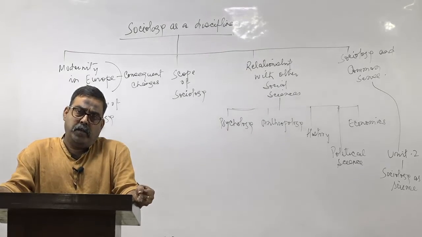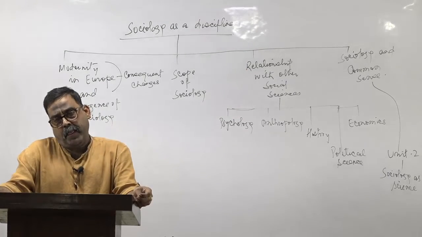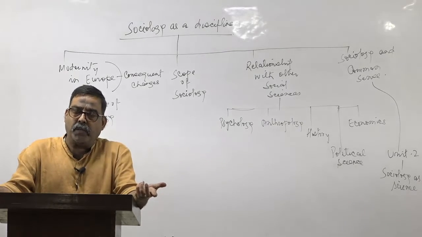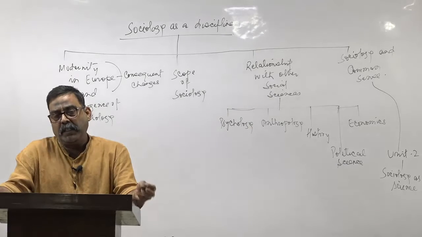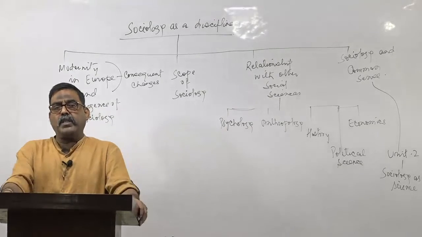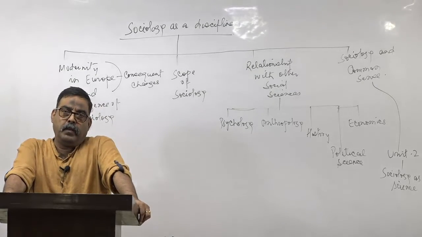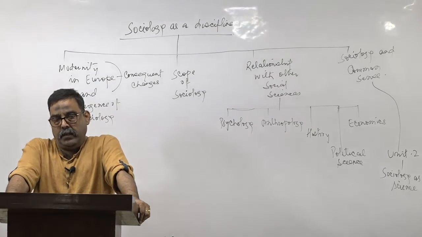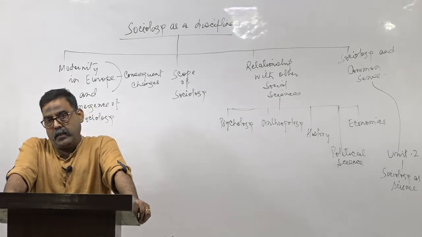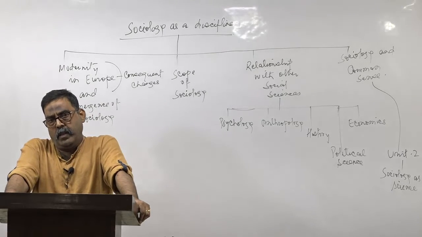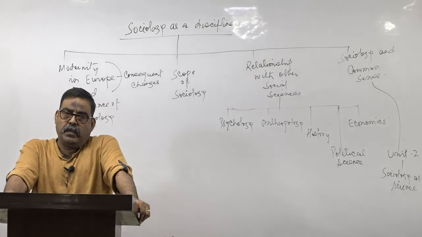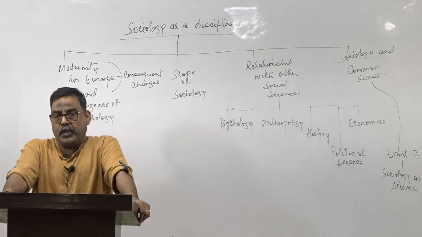Socius, society broadly, and logos, either you can pick up the meaning of science or study. Thus etymologically, going by the words, going by the origin, sociology emerges as a study of society or scientific study of society. And very knowingly I am making the sentence that it emerged as a scientific study of society.